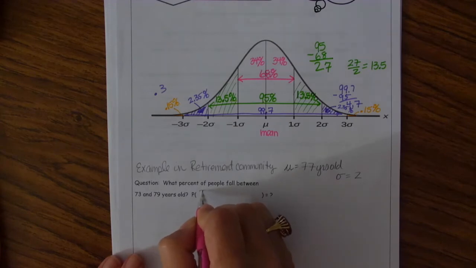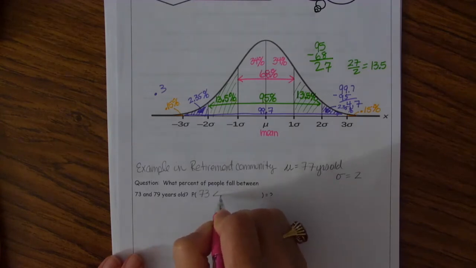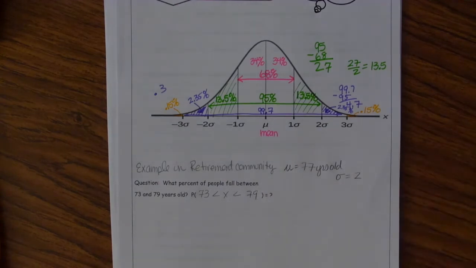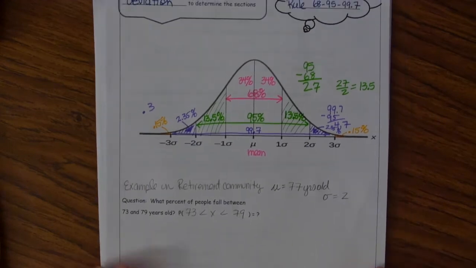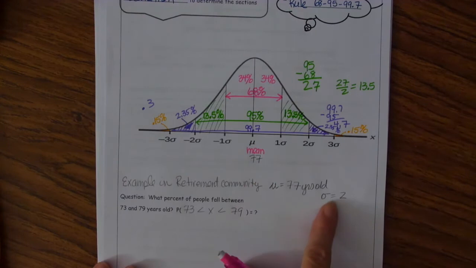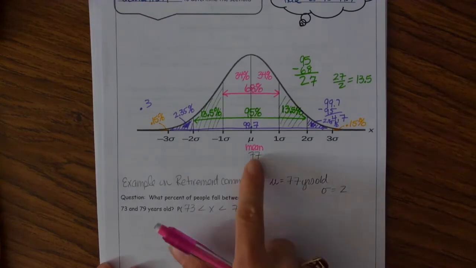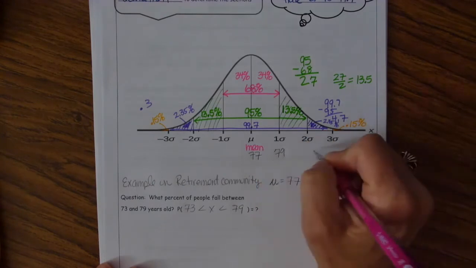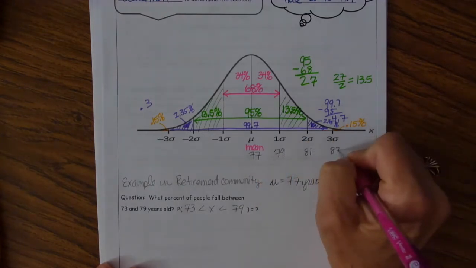Basically, I'm saying, what's the probability that the person I pick is between 73 and 79, right? So I would go figure this out. I would say the mean is 77. Now, if the standard deviation is 2, I'm going to add 2, add 2, add 2. So that's what, 79, 81, 83.